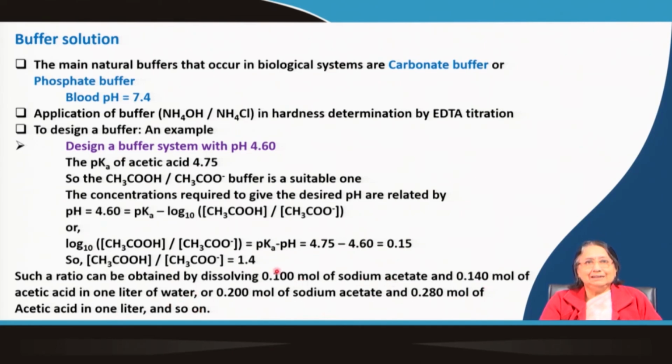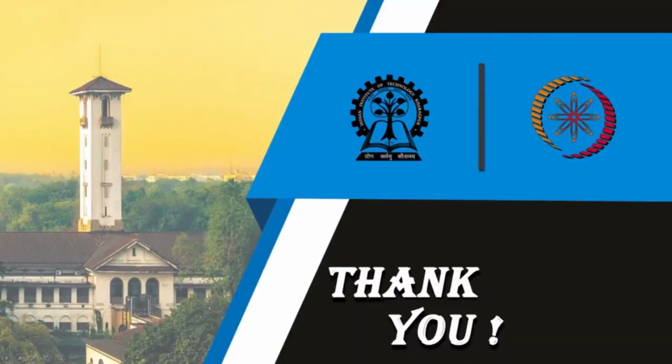Here you see the ratio is coming, and here also the ratio is coming. So, you can choose either this combination or this combination; you can even try other combinations also. I think you have understood this part, because first you have to see which buffer we have to take, which combination, and then decide what concentration we have to take for the salt and the acid.